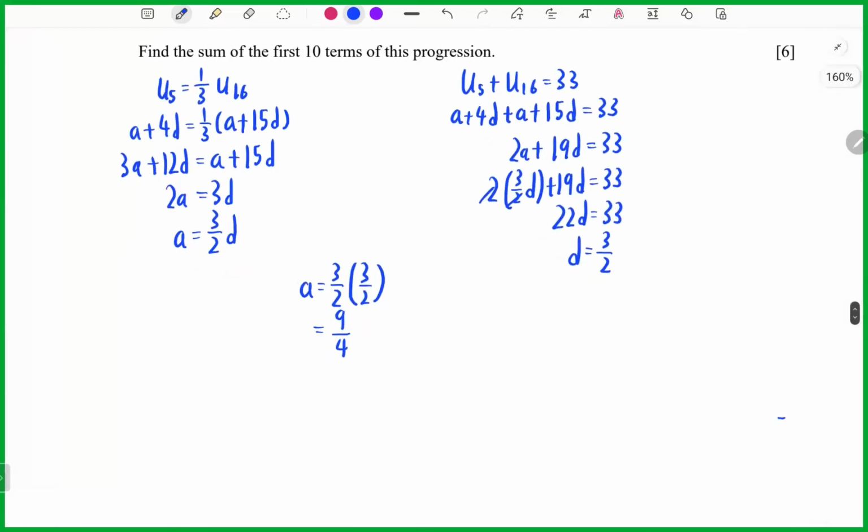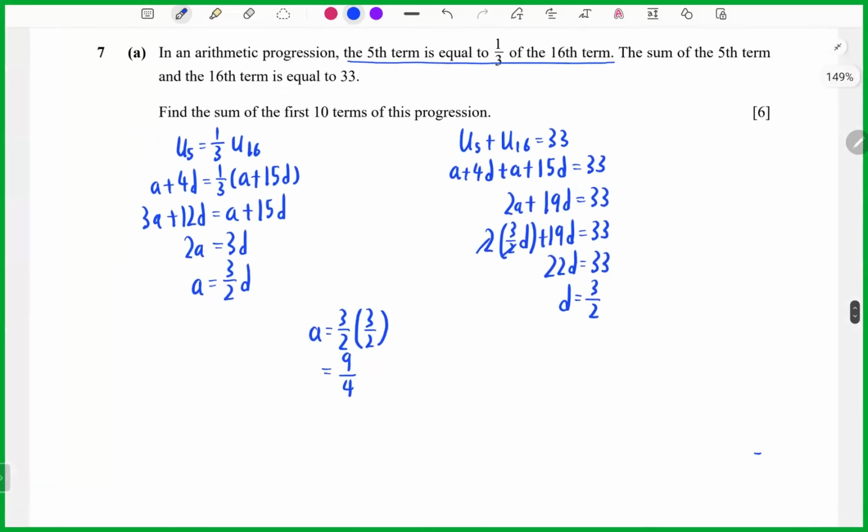So now I can find the sum of 10 terms. S10 equals 10 over 2 times (2 times 9 over 4 plus 9 times 3 over 2).